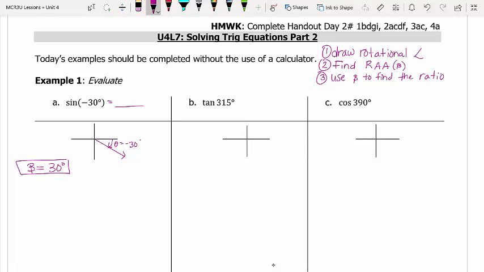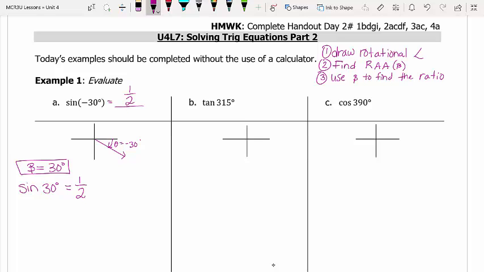So let's go ahead and do that. What is sine of our related acute angle? Sine of 30. Using your special triangles, you're going to realize that sine of 30 is 1/2. So we know the numerical value of our ratio is 1/2.